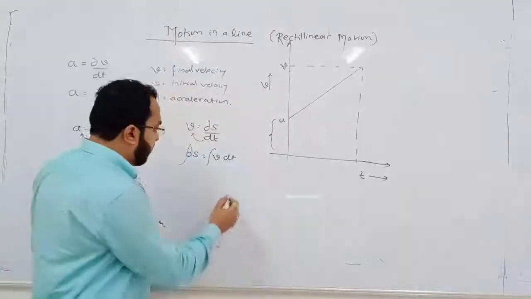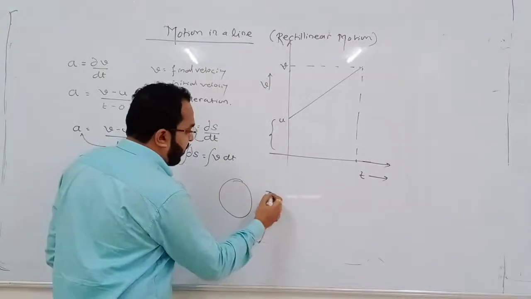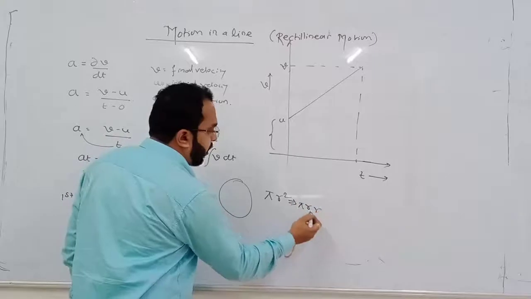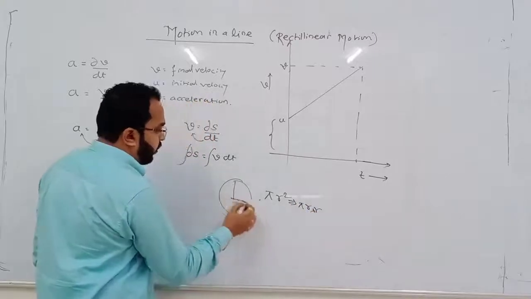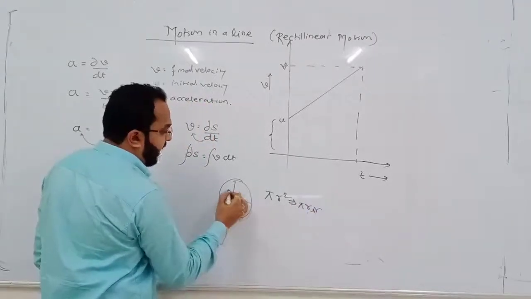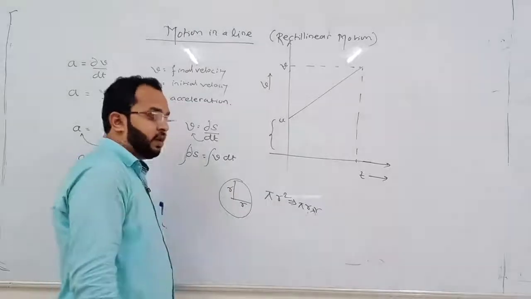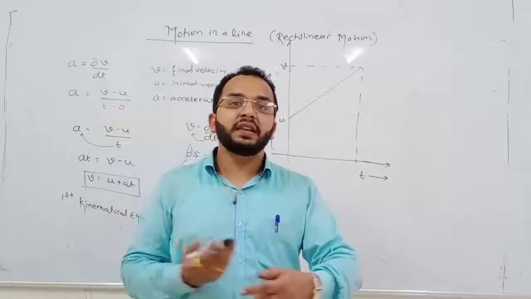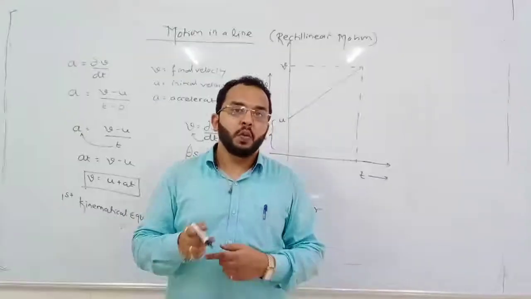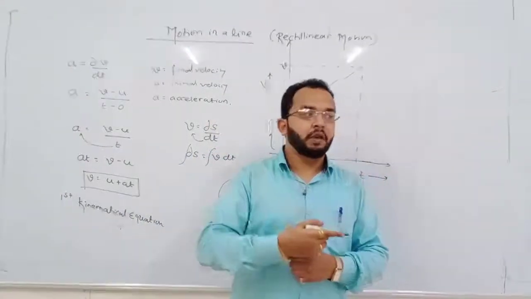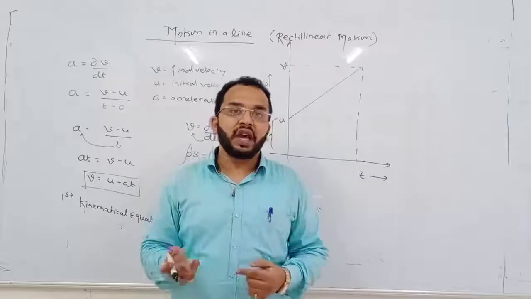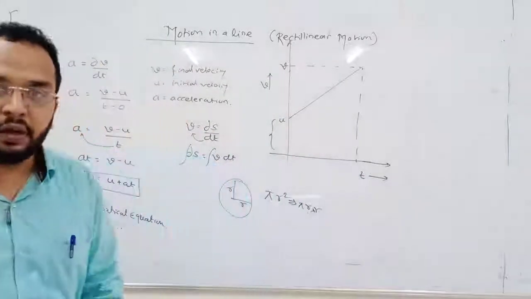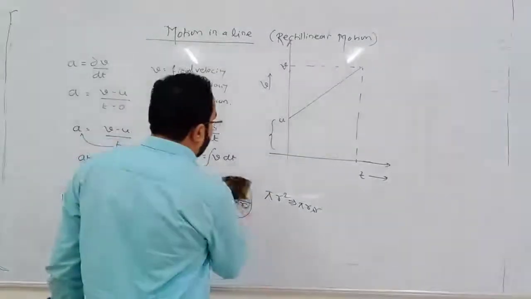Even in a circle, what is the area of a circle? Pi r square, which can be written as pi into r into r. One r is in the x direction, the other r is in the y direction. So area is of a plane, and a plane consists of two dimensions. One dimension is perpendicular to the other dimension. So the area is the multiplication of those two dimensions, the product of x and y.